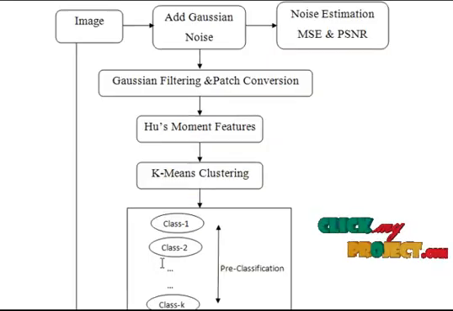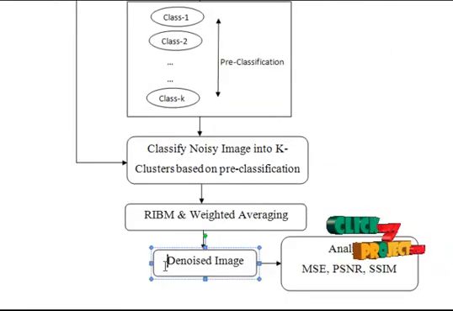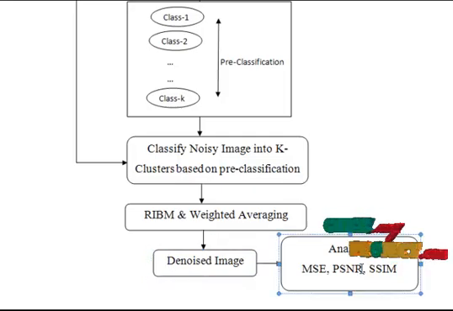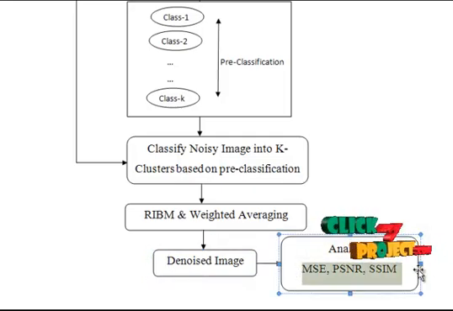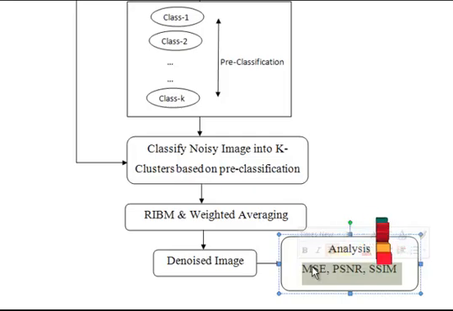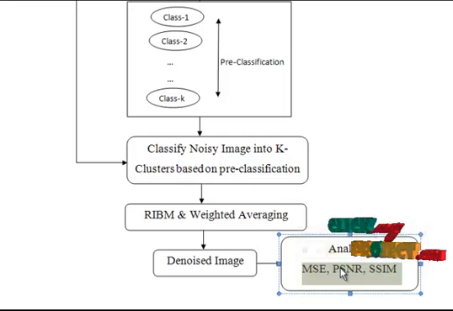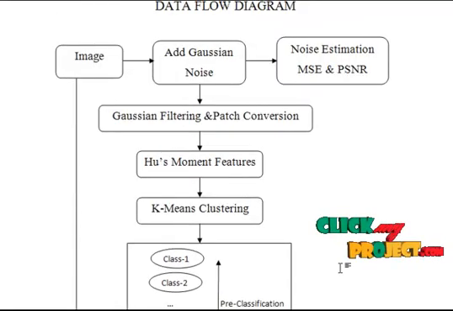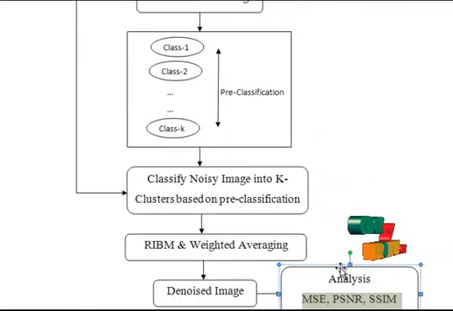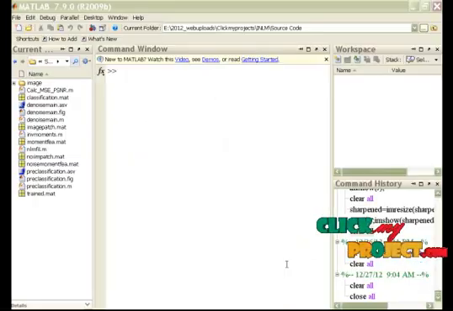Finally you will get a denoised image, and this denoised image is subjected to analysis such as MSE, PSNR and SSIM, where MSE stands for mean squared error, PSNR for peak signal to noise ratio, and SSIM for structural similarity index. This analysis is carried out for the original image and the denoised image. Now let's see the execution of the algorithm.